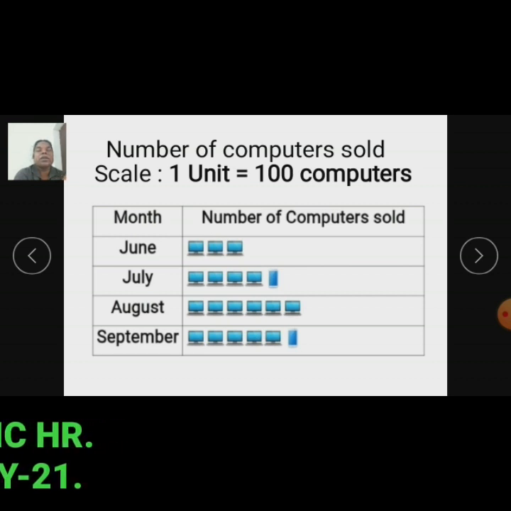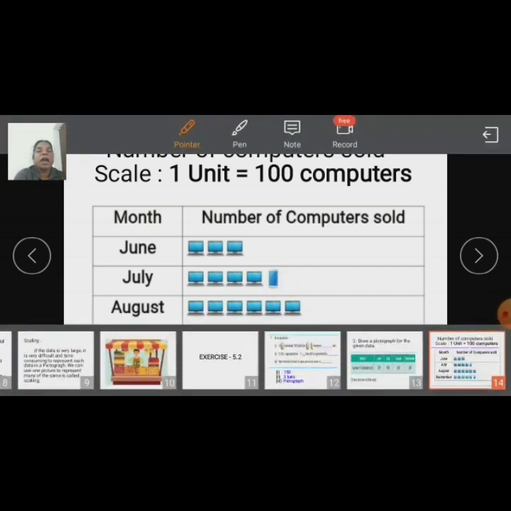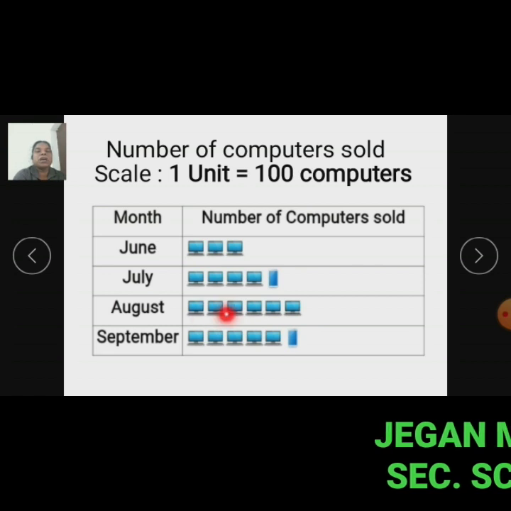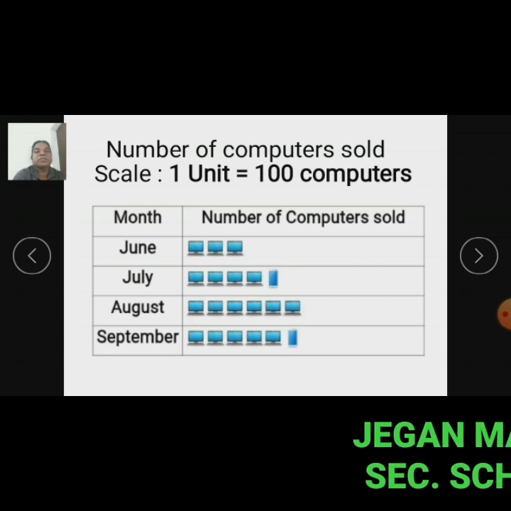In July, 450 computers sold is shown by 4 computers and then 1 half computer. In August, 600 computers sold is shown by 6 computers shown here.